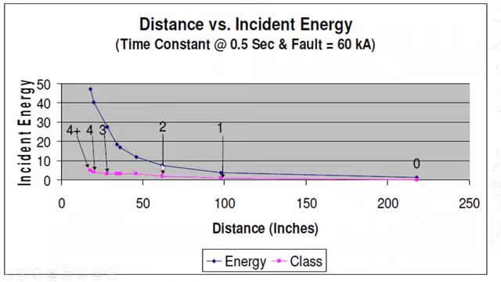But my qualified employees do not know about the importance of the working distance. They approach closer to the electrical equipment and installation in order to perform the task. Based on the 36 inches working distance, the incident energy was 10 cal per centimeter square, and they were wearing PPE of 12 cal per centimeter square or 20 cal per centimeter square.